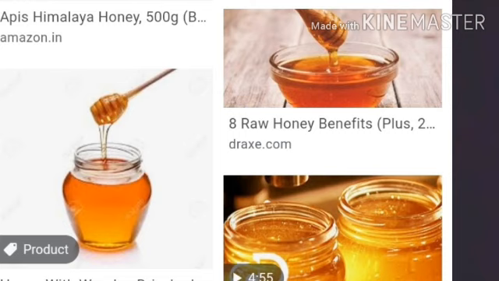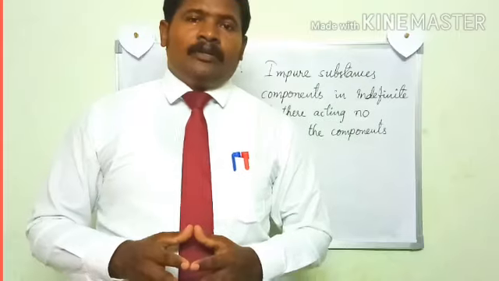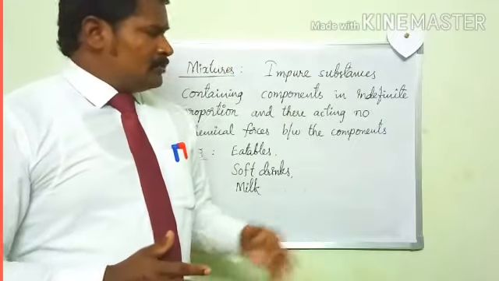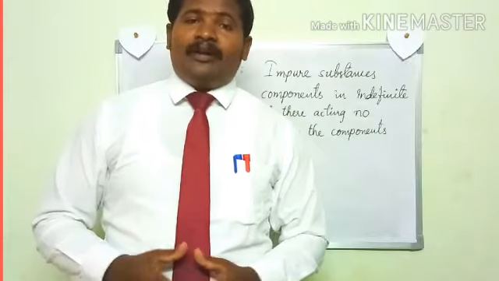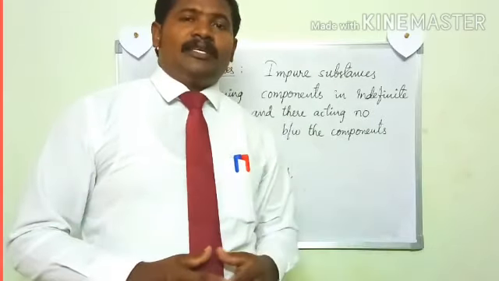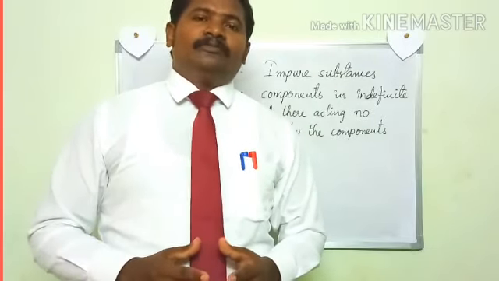People will mix up some ingredients, so whenever they find honey collected directly from the honeycomb, people say that it is pure. So these examples are enough to make you understand what mixtures are and how the ingredients show their properties.